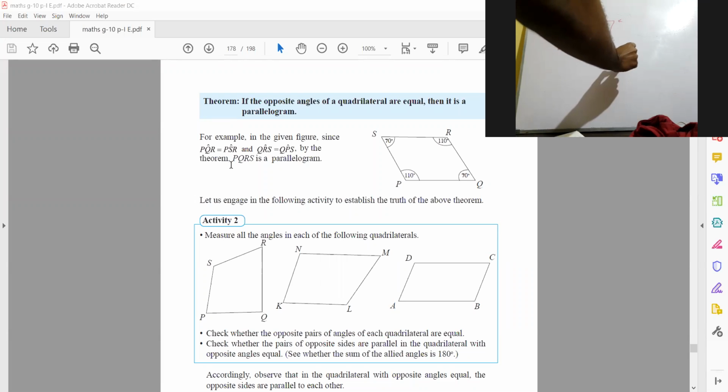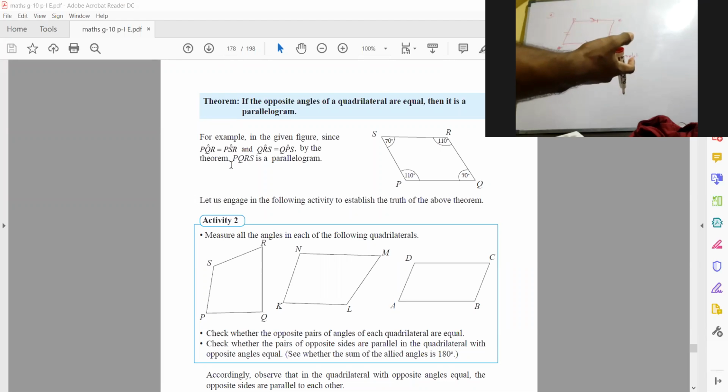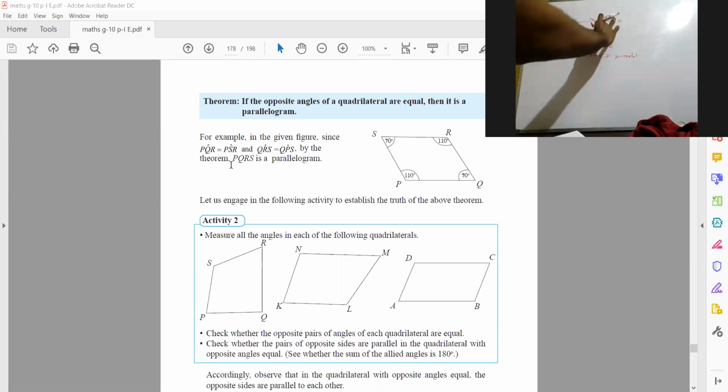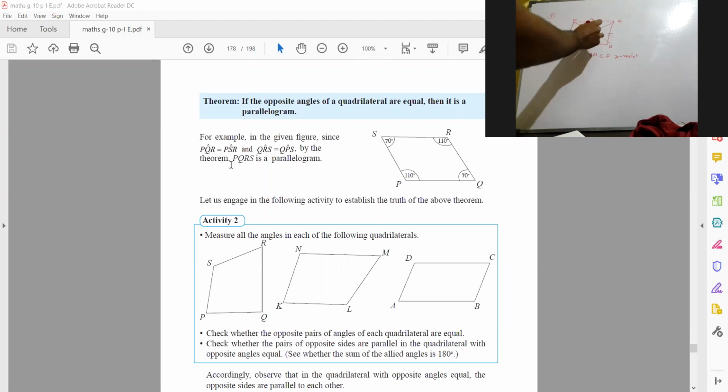Okay, I am saying again because this is very important, right? Then after that we can see these two sides also become equal, right? Because why? We have concluded that ABCD is a parallelogram as the opposite pair is equal and parallel. You can use the other properties after that. Here, this becomes equal, right?